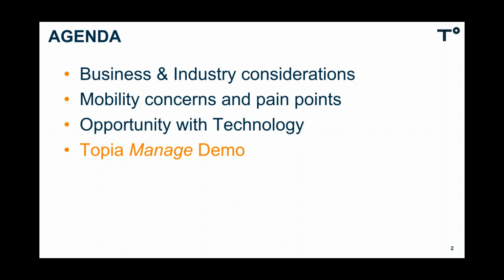And we'll wrap it up with a demonstration of Topia Manage, which is part of the Global Mobility Suite at Topia and utilized by organizations to help increase automation, help increase efficiency, and leverage the data to make insightful business decisions.